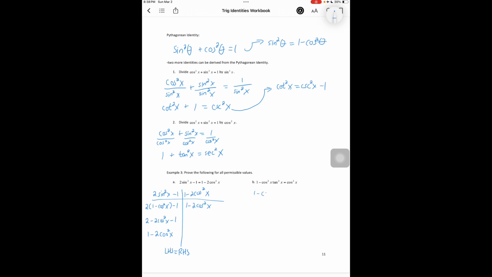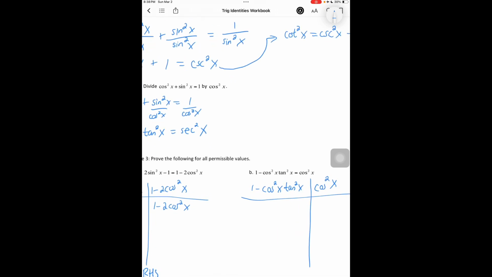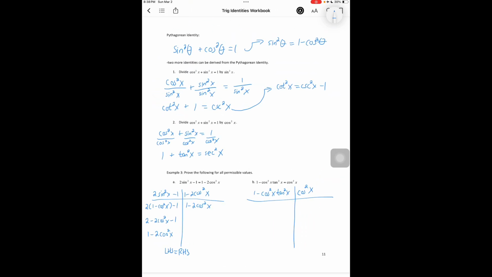So here is going to be 1 minus cos squared x, multiplied by tan squared x. And on the right side, it's cos squared x. I think it's easier to change a complicated looking part of the equation to an easier side than the other way around.